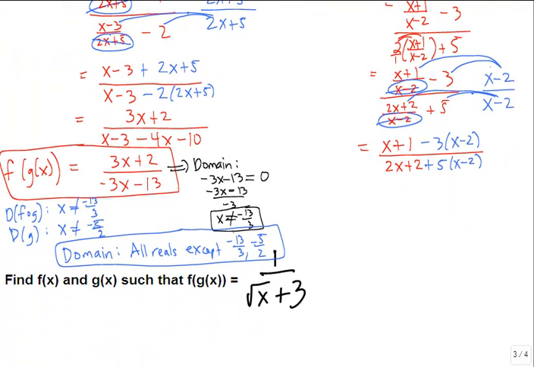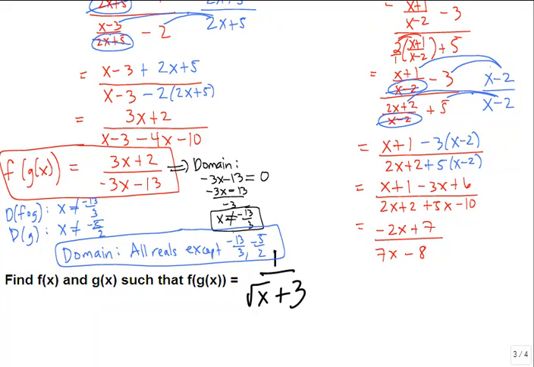So here's what we've got so far. We need to distribute. So let's go ahead and distribute. We get a minus 3x plus 6. And on the bottom, when we distribute, we'll get a 5x minus 10. And let's clean up our like terms. So in the numerator, we get negative 2x plus 7. And in the denominator, we get 7x minus 8.